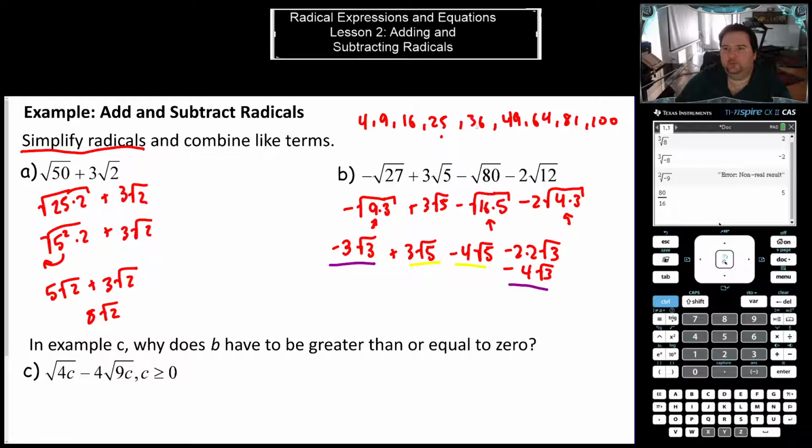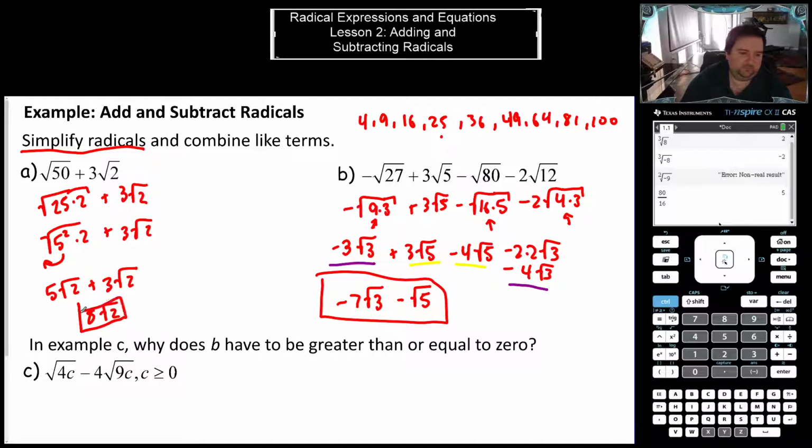So let's combine those. Negative 3 minus 4 is negative 7 root 3. Positive 3 minus 4 is minus 1 root 5. And there's our answer. And let's box this one too for good measure.